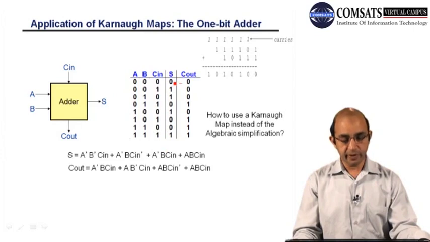I will be looking for the min terms, searching out the corresponding ones. Here we have a 1, so A bar, B bar, C in, A bar, B, C in bar. This is the sum. For C out, you can see we have 1 here: A bar, B, C in bar, A bar, B, C in.